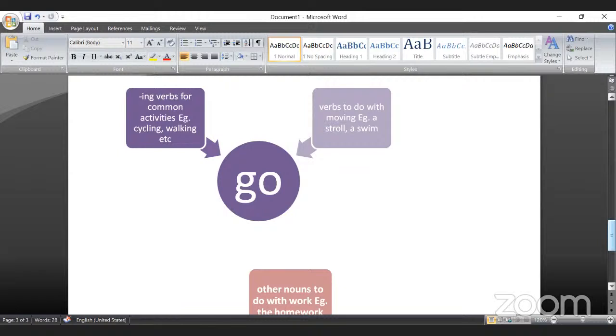It's going to have a very big list. Example, go swimming, go walking, go cycling, go trekking, go skiing, go horse riding. All of those are examples of the delexicalized verb go along with the nouns related to the first category.